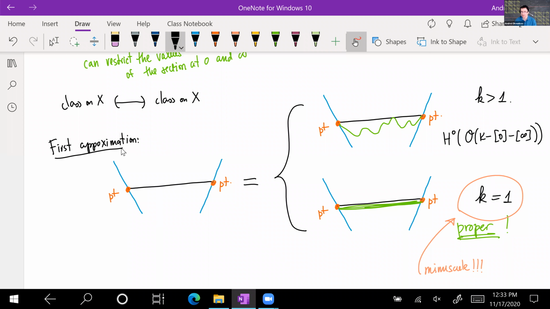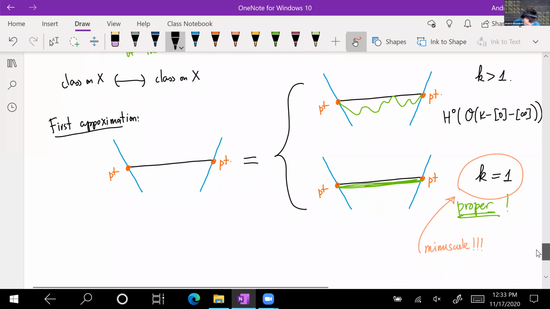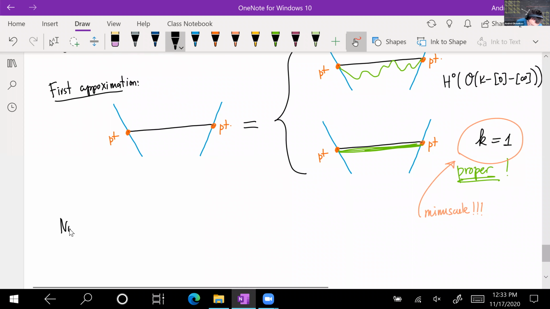So why is this not an excellent thing to do? It's not great when we start counting weights.